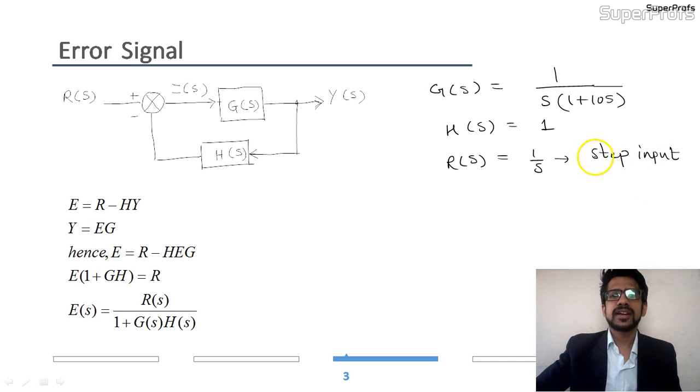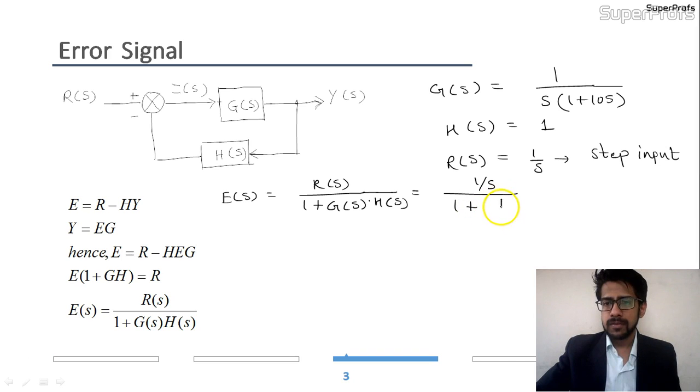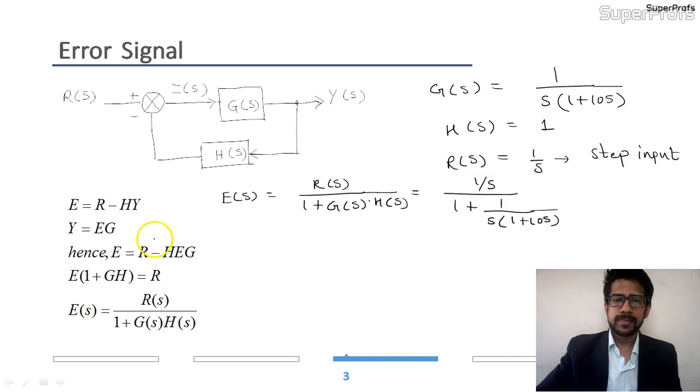Now I am interested in calculating the steady state error for the system 1 upon s into 1 plus 10s for step input. Let us calculate what is E of s. E of s is nothing but r of s upon 1 plus g of s into h of s, which gives me 1 by s upon 1 plus 1 upon s into 1 plus 10s. So this is my E of s.